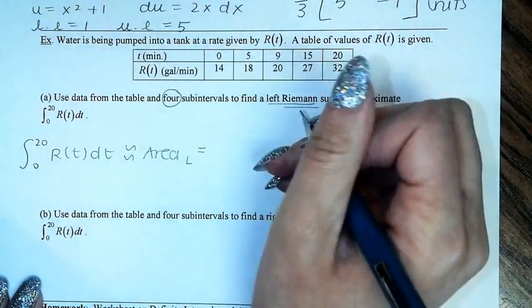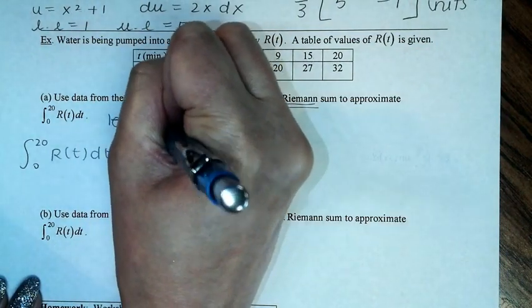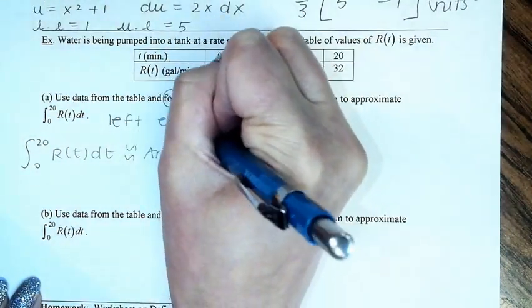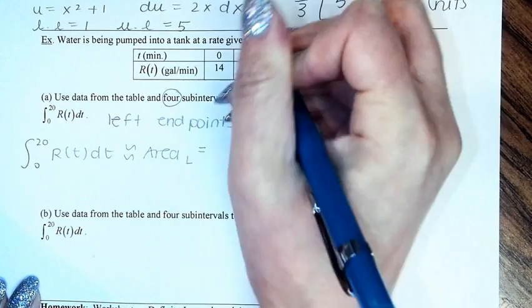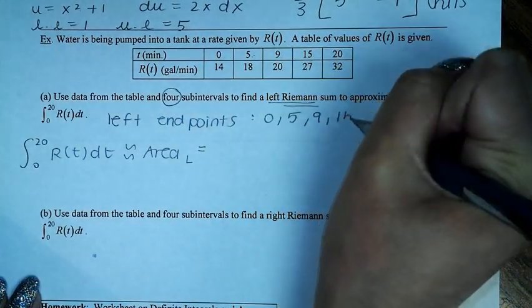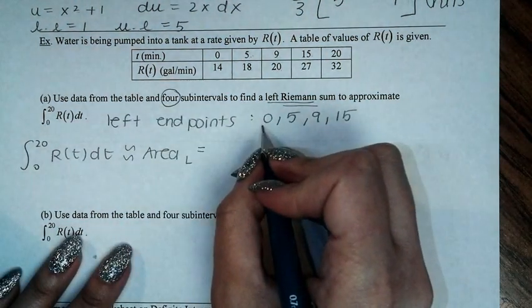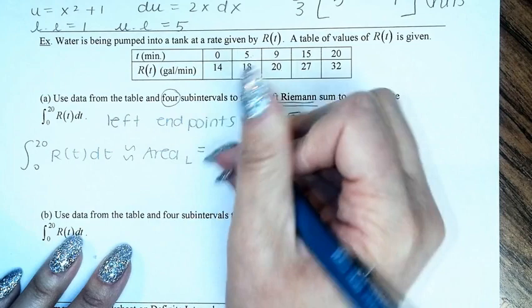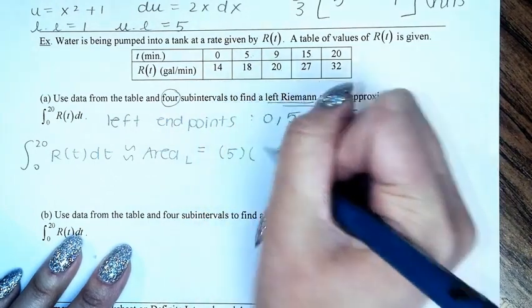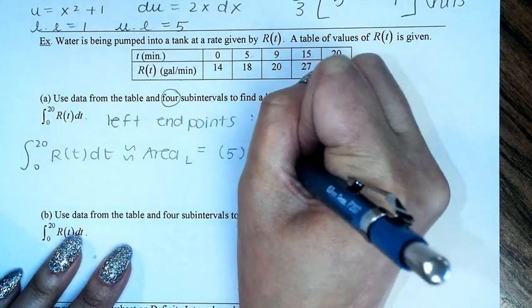Recalling from previous classes, in this situation your left endpoints, we want 4, so it's going to be 0, 5, 9, and 15. So you know that the base of the first rectangle is going to be from here to here, that's 5, times the height of that rectangle, which is going to be 14 because you are doing the left.